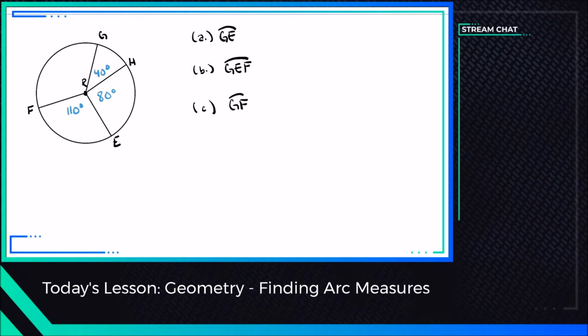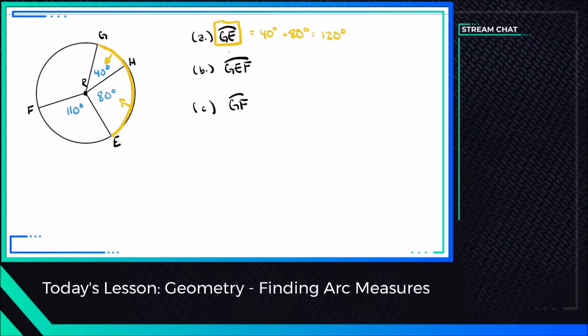All right, so let's first identify GE. We're going to go from G all the way to E, and do that in yellow. Notice we have one bit here that's equal to 40 degrees and another bit that's equal to 80 degrees. So we're going to take 40 plus 80 degrees to get 120 degrees.